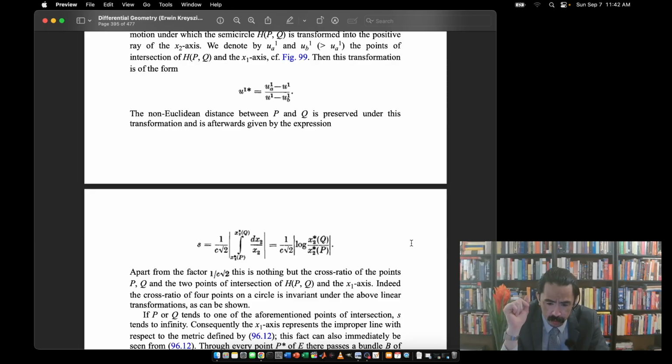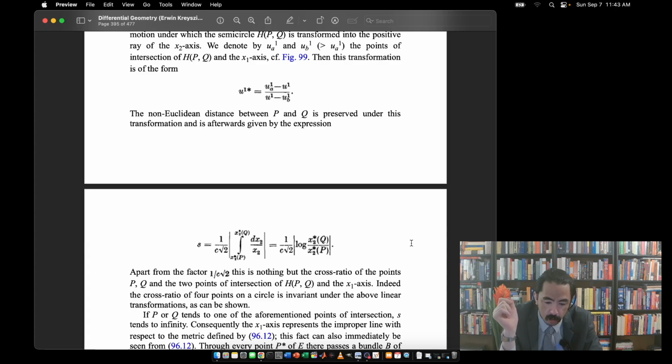The non-Euclidean distance between P and Q is preserved under this transformation and is afterwards given by the expression s equals 1 over lowercase c times the square root of 2, then times the magnitude of the integral from x sub 2 star evaluated at the point capital P to x sub 2 star evaluated at the point capital Q of dx2 over x2.